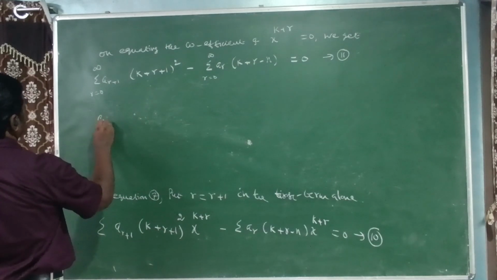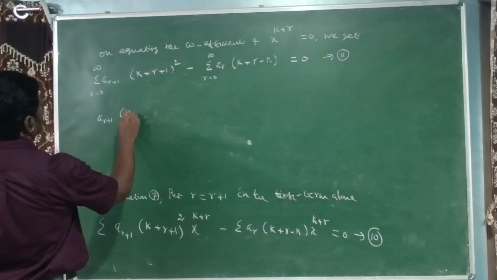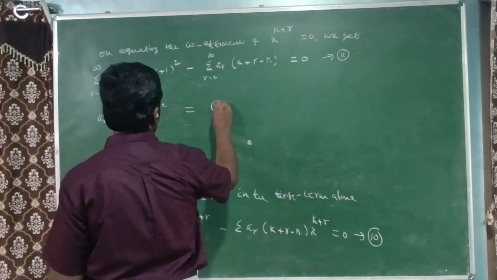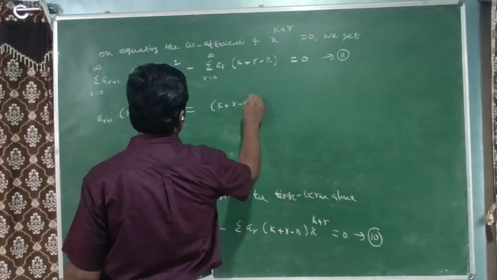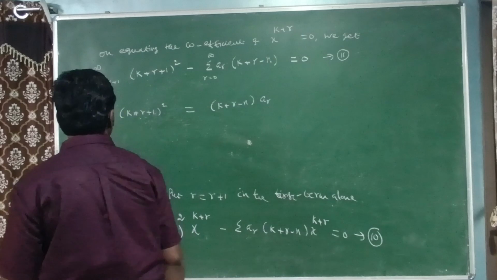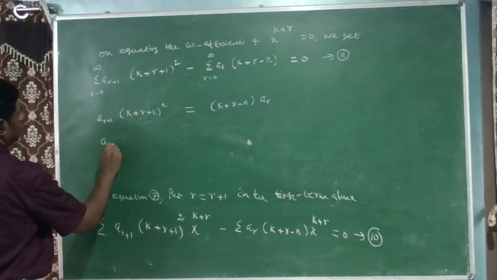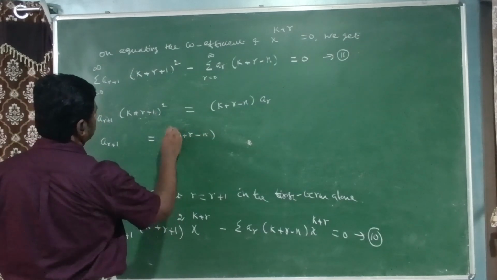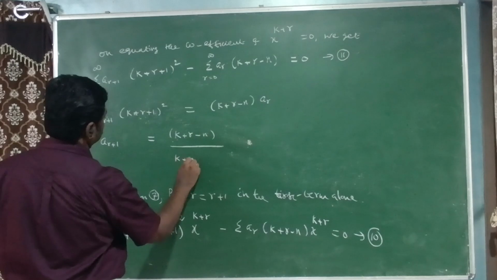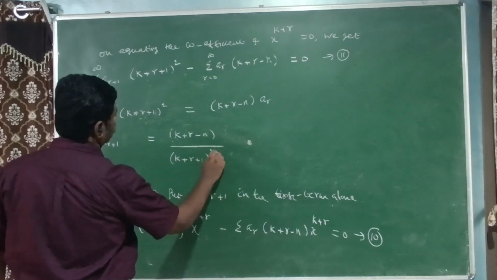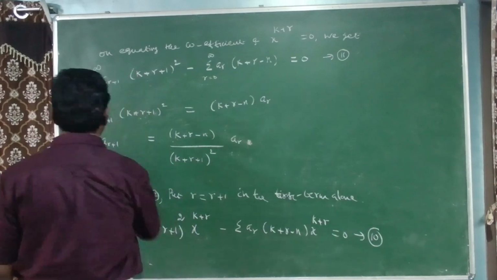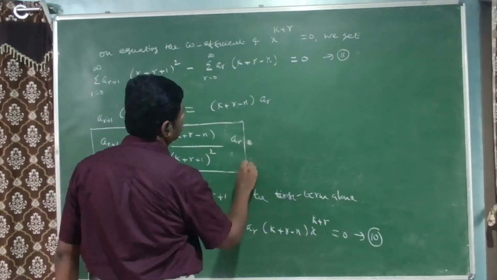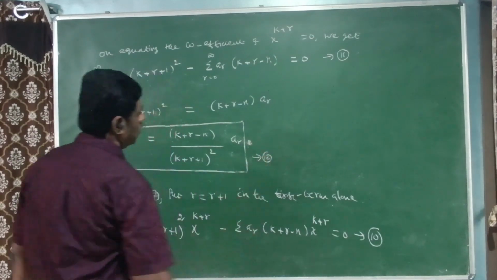Here a r plus 1 into k plus r plus 1 whole square is equal to k plus r minus n into ar. From this, ar plus 1 equals k plus r minus n whole divided by k plus r plus 1 whole square into ar. This is the value of a r plus 1. This is equation number 12.